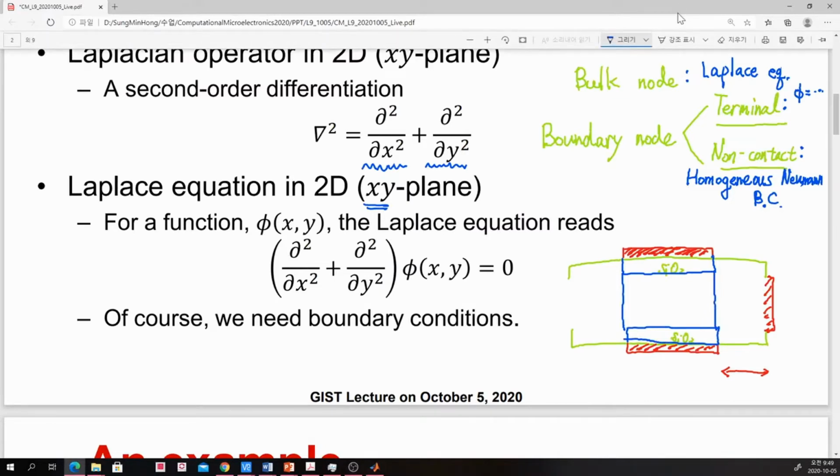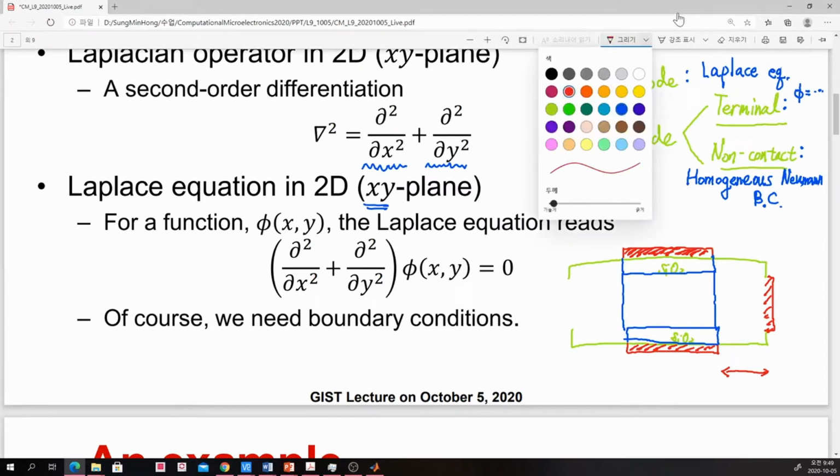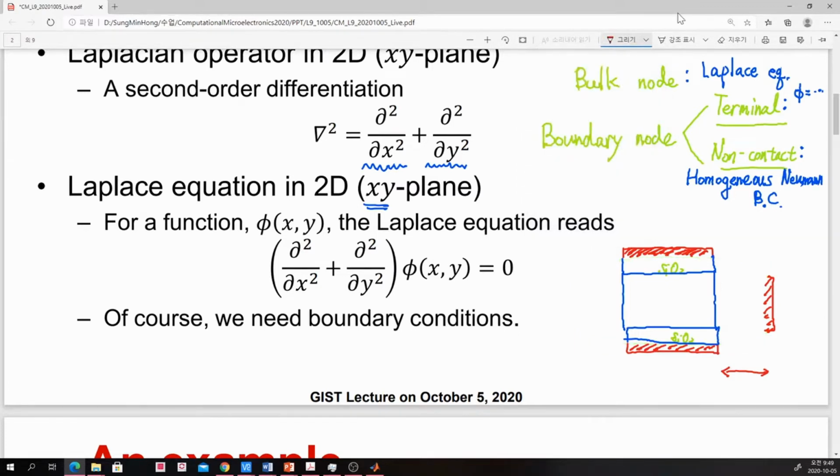Since I wanted to introduce the maximum efficiency, let me introduce my source and drain contacts in this way. This is source and this is drain, and this is a gate and this is gate.